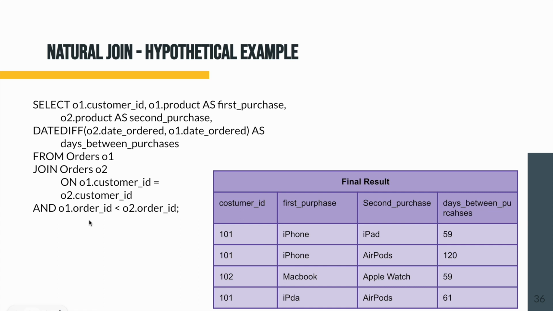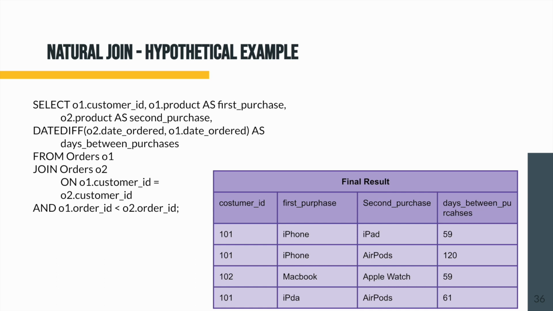It's telling us how many days it took the person who bought an iPhone to buy an iPad. So customer ID 101 took 59 days between their first purchase, the iPhone, and their second purchase, the iPad, and so on.